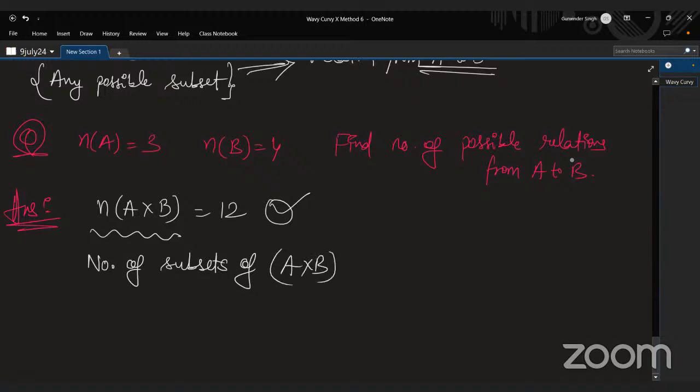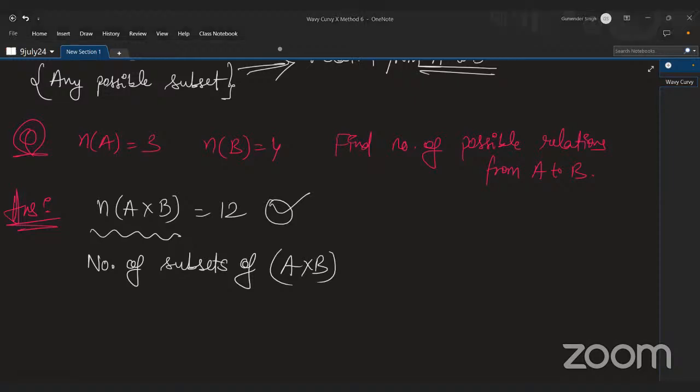Tell me, what is the number of subsets possible of any set? 2 power n. Yes, correct. So what will be n over here?